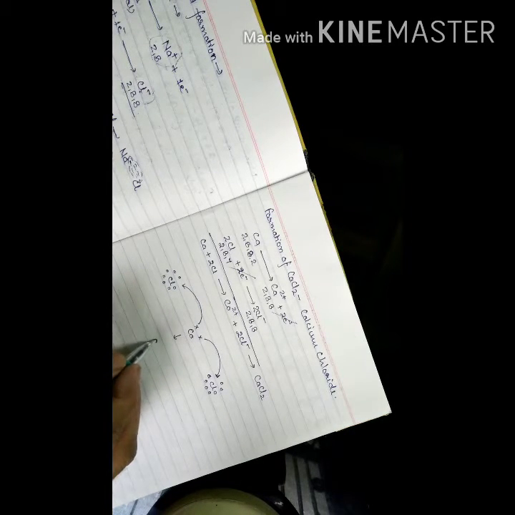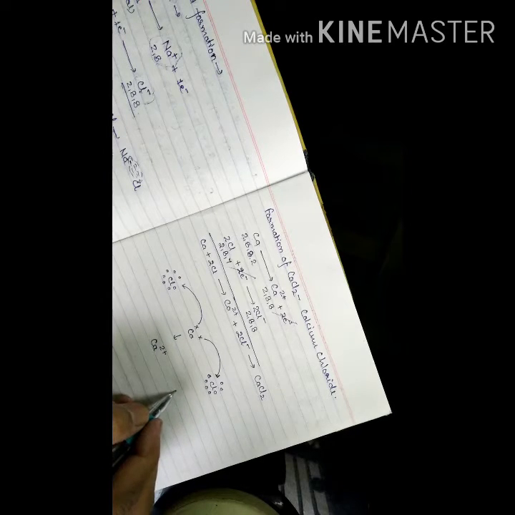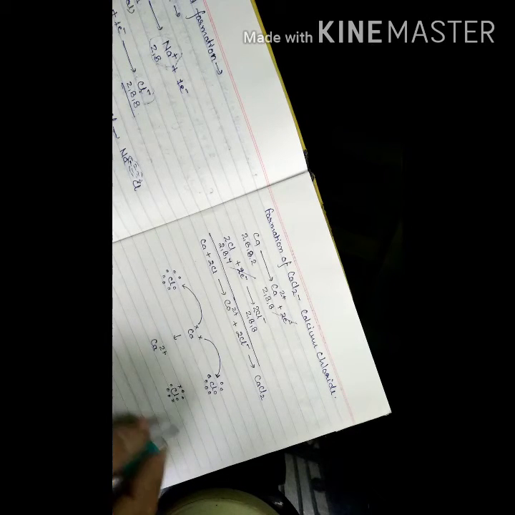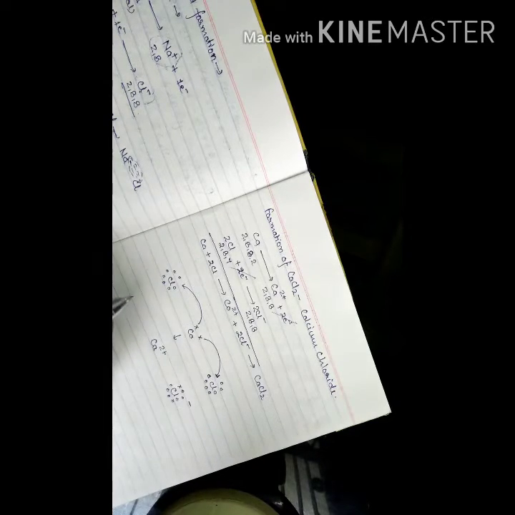This will result in the formation of Ca2 plus and Cl along with the electrons of chlorine and calcium. This will have a single negative charge, and this will also have a single negative charge.